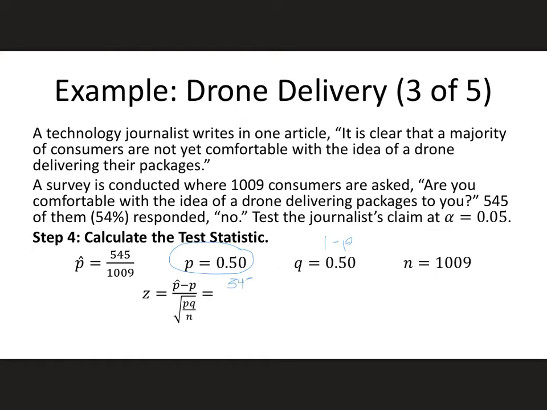So 545 over 1009 minus 0.5, over the square root of 0.5 times 0.5 over 1009.